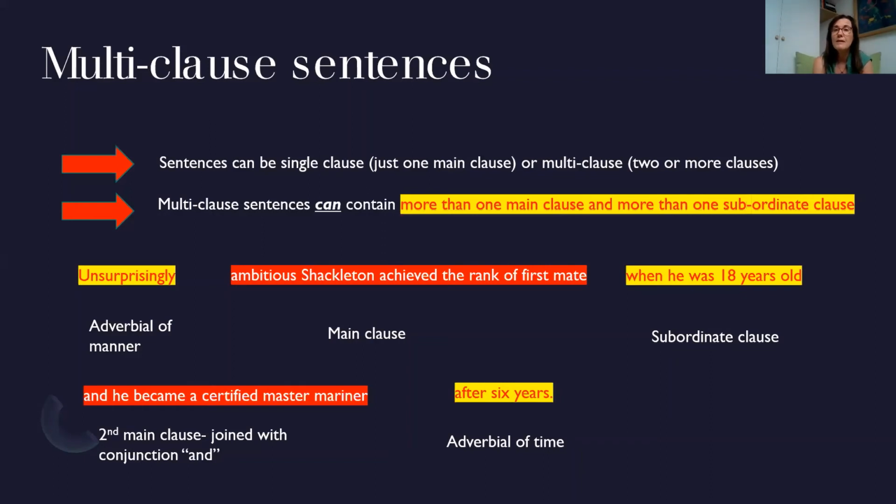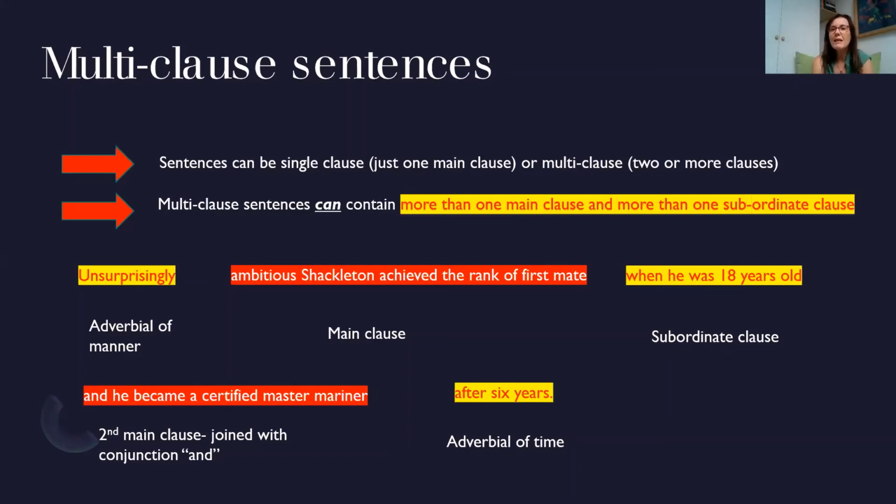So as we can see, multi-clause sentences can have several main clauses, they can have more than one subordinate clause, and they can also have adverbials of time, place, or manner. You have to make sure, though, that the sentence still makes sense.